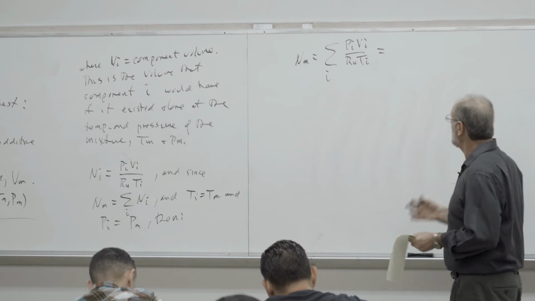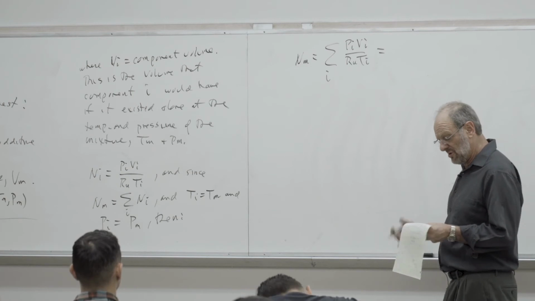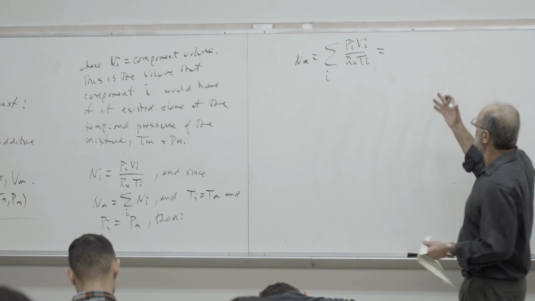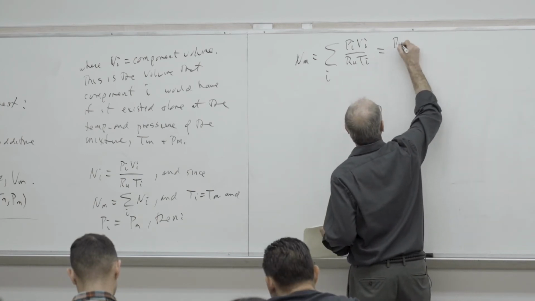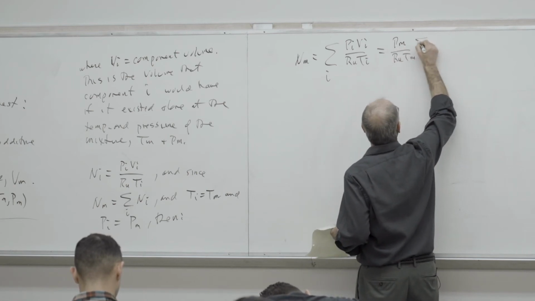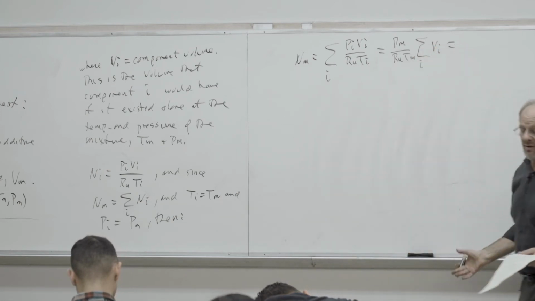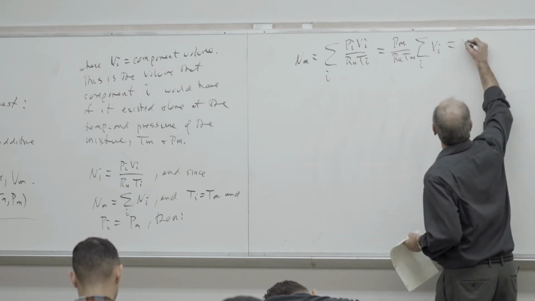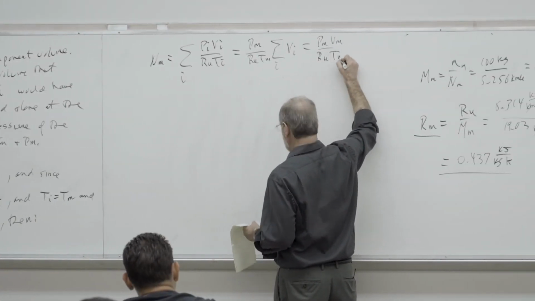Okay. Then we would again note that the component has the same pressure as well as temperature of the mixture. And we would also note that the universal gas constant is just a constant. So those could actually be pulled out of the summation, and we would have Pm over R universal Tm. And then all we're really left with is the sum over all i of Vi. However, we know that the sum of the component volumes is equal to the mixture volume. So this is just going to be Pm Vm over R universal Tm.